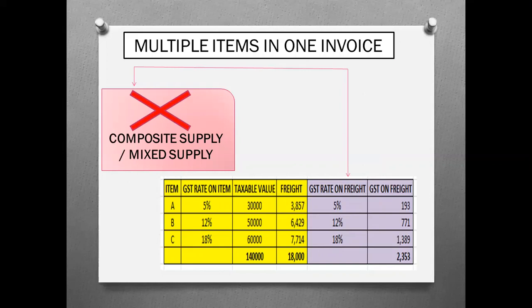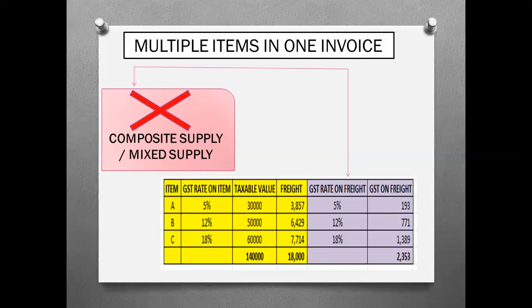For example, let's say supplier A has issued a single invoice for sale of 3 items to B. Let's consider item A is costing rupees 30,000 and the applicable GST rate for item A is 5%, and item B is costing 50,000 and the applicable GST rate for item B is 12%. And say, for example, item C is costing rupees 60,000 and the applicable GST rate for item C is 18%. Assume that these items are independent and not related to each other.